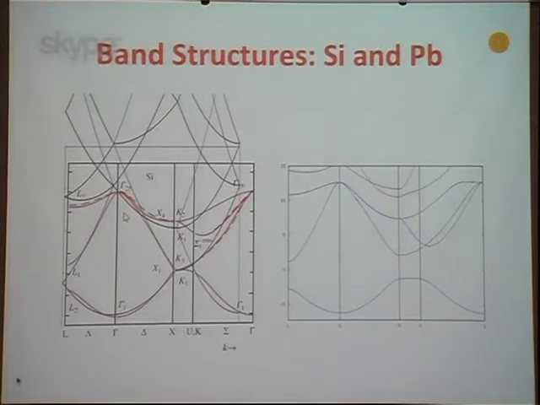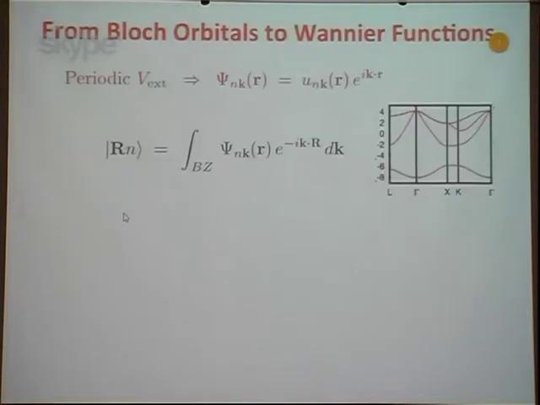Great. Okay, so we have discussed up to now the Bloch representation. And in the presence of a periodic Hamiltonian, a periodic potential, we write the eigenstates in red. And now what I want to discuss is performing a unitary transformation.